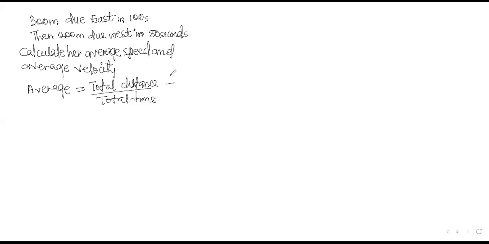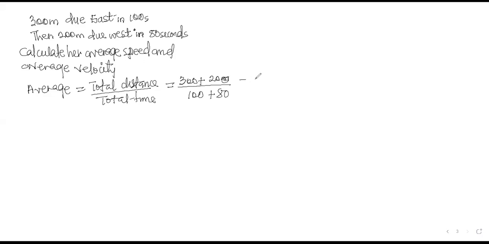And the total distance is 300 meter due east plus 200 meter due west divided by the total time 100 plus 80.